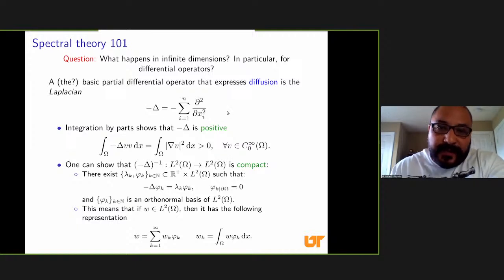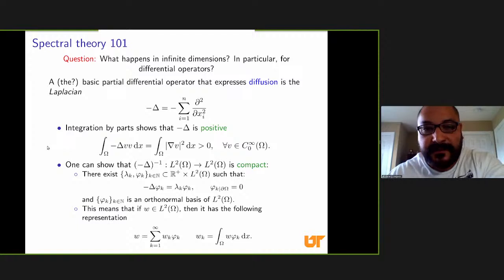We know that if we supplement it with, say, homogeneous boundary conditions, just by integrating by parts, this operator becomes positive. We can show, and this is just Sobolev embedding results, that the solution of the Laplacian with homogeneous boundary conditions lies in H10, which is compactly embedded in L2, so this is a compact operator.